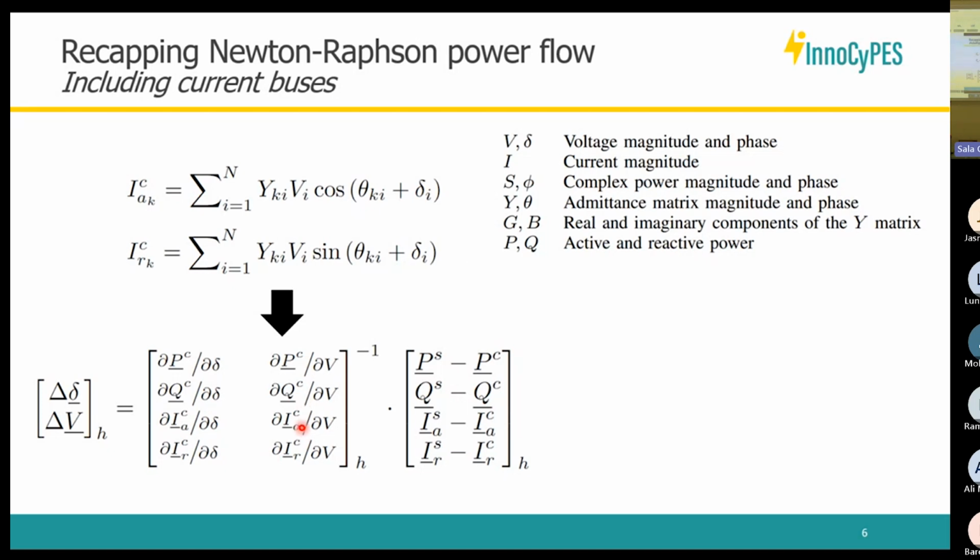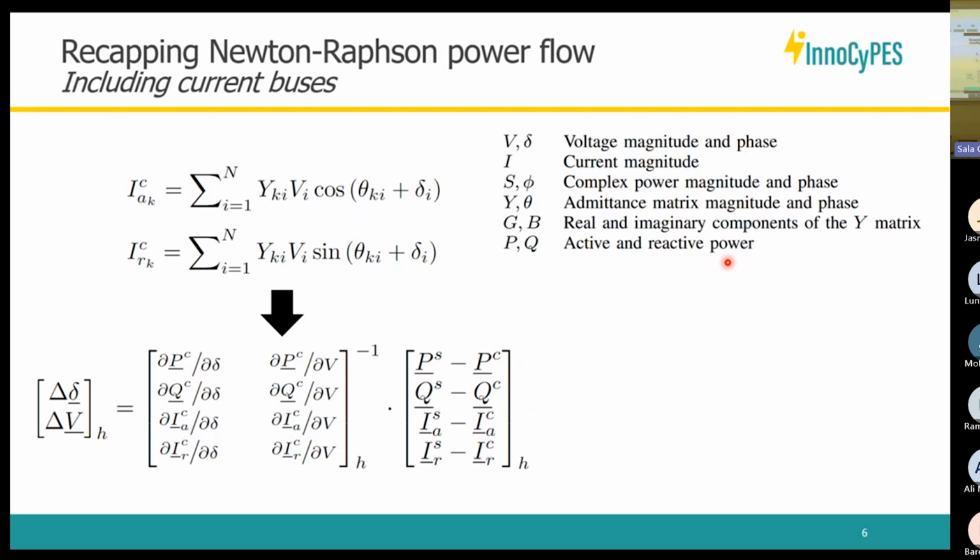We can just increase our Jacobian matrix in the Newton-Raphson methodology. We include the mismatches related to these current buses, and we just do the same that we were doing before. And by doing that, we are able to solve problems that include current buses.